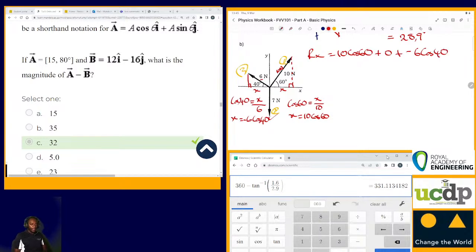Okay, so we can add that. That is 10 cos 60 minus 6 cos 40.